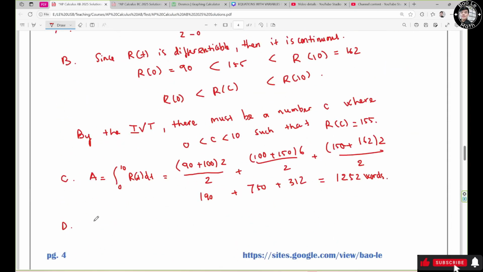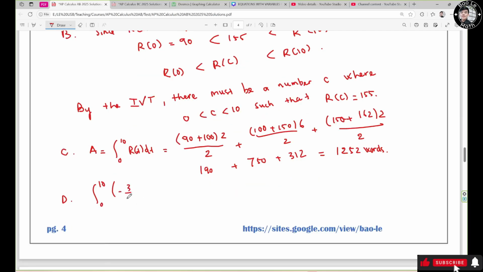D is going to be the integral from 0 to 10 of negative 3 over 10 t squared plus 8 t plus 100 dt, right?